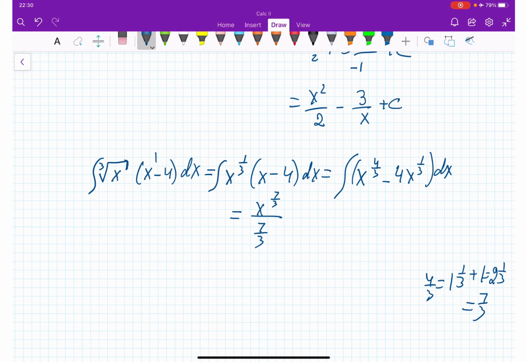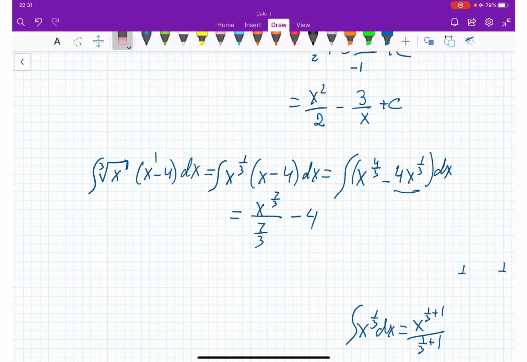Okay, minus 4 times, okay, 1/3 plus 1, right? Here, taking the antiderivative, x to 1/3 is x to 1/3 plus 1 over 1/3 plus 1. So 1/3 plus 1 is going to be 1 and 1/3, which is going to be 4/3.